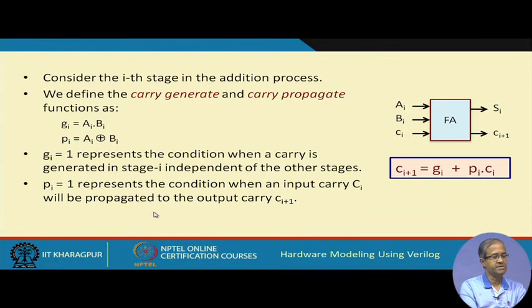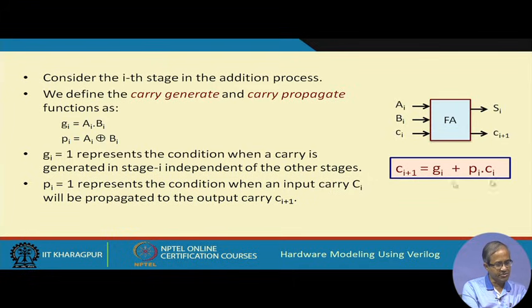Now, with this you can write that the output carry will be given by, well, either the carry is generated or the propagate condition is true and there is an input carry. So, c i plus 1 you can write down as g i or p i c i. Okay.